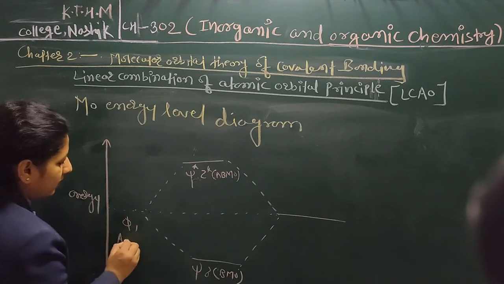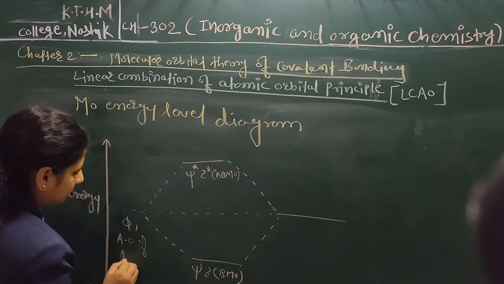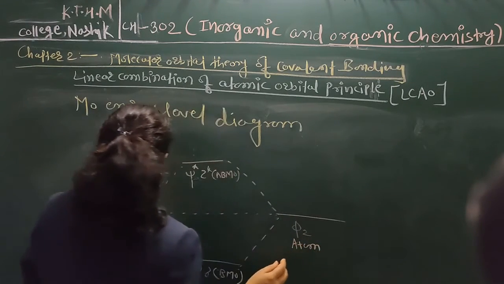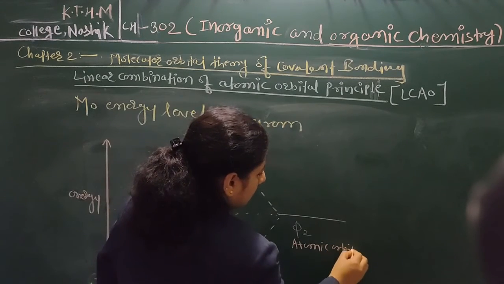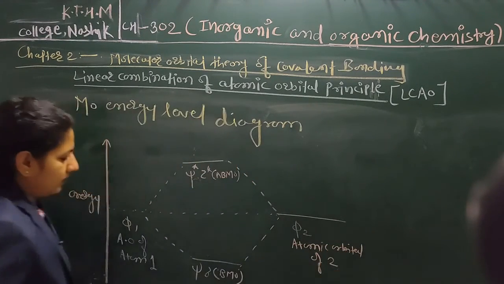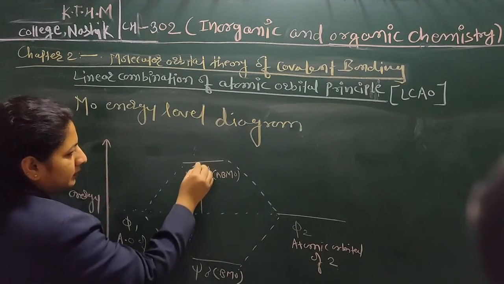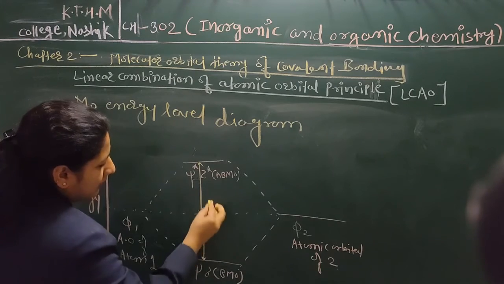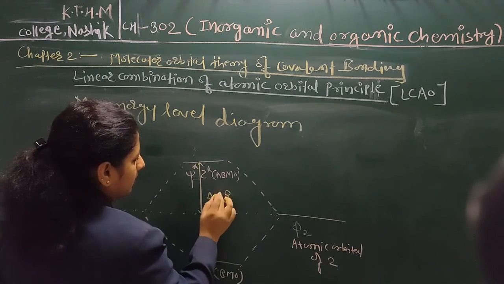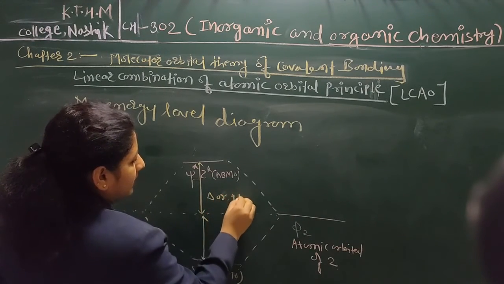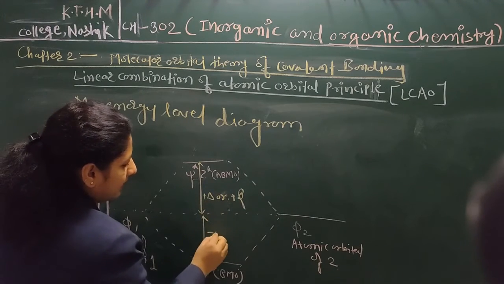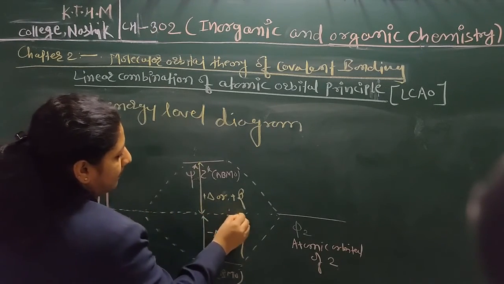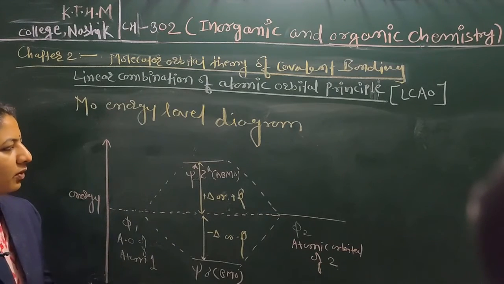That is the atomic orbital of one atom, and the second atomic orbital. Here there is plus delta or plus beta, and here minus delta or minus beta. So this is all about the molecular energy level diagram.